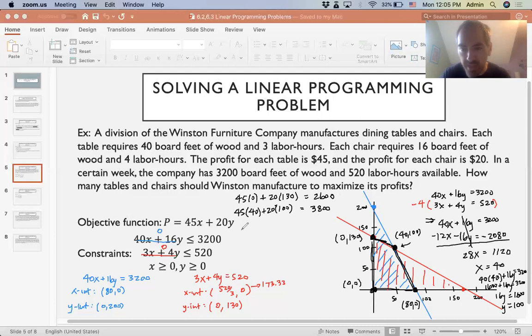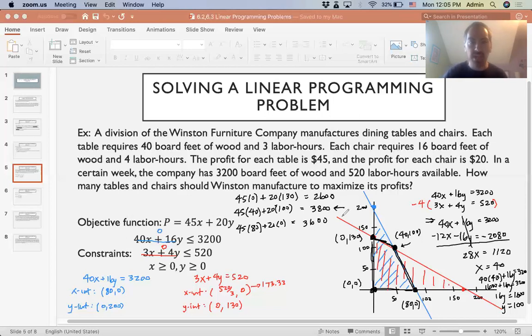And then the point 80, 0 is 3,600. Okay, and so out of those 3 points, disregarding the 0, 0 corner point, the corner that gives us the maximum profit is 3,800.